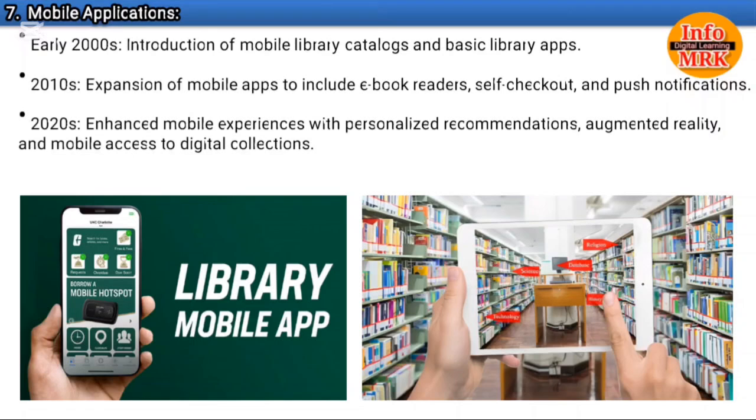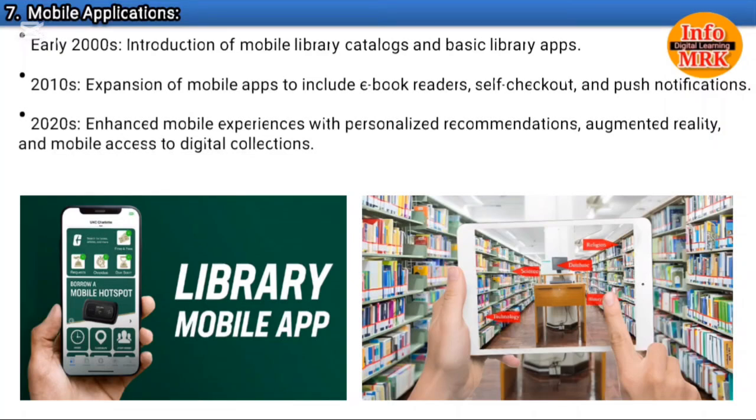Number 7, mobile applications. In the early 2000s, mobile library catalogs and basic library apps were introduced. In 2010, mobile apps expanded to include e-book readers, self-checkout and push notifications. In the 2020s, enhanced mobile experience with personalized recommendations, augmented reality and mobile access to digital collections.